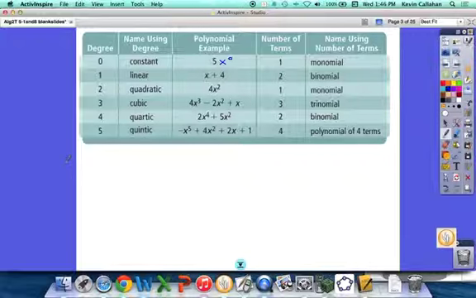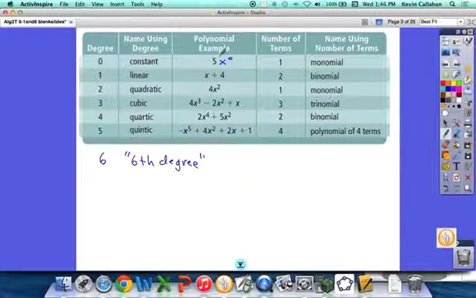Okay, let's see. So those are the by degree. If it was more than that, like if the degree was 6, you would just say 6th degree. Don't worry about it. If you see an x to the 10th, okay, 10th degree. That's it. Now, when it comes to the number of terms, again, we see the words that we've already introduced.